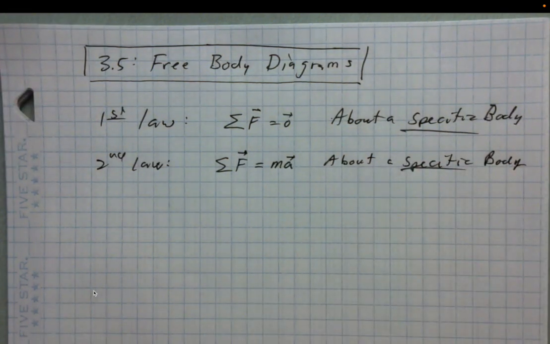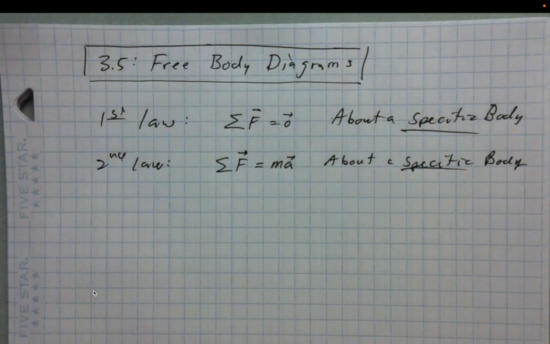Right, so the first law and the second law both describe motion regarding a specific body. So given the forces, you don't know the forces, then these laws will tell you what's going on with the body. Now, Newton's third law, of course, is not about a specific singular body. It's about a pair of bodies and how they react to one another, how the forces are equal and opposite. So really, the free body diagram is the most valuable in the case of Newton's first and second law.